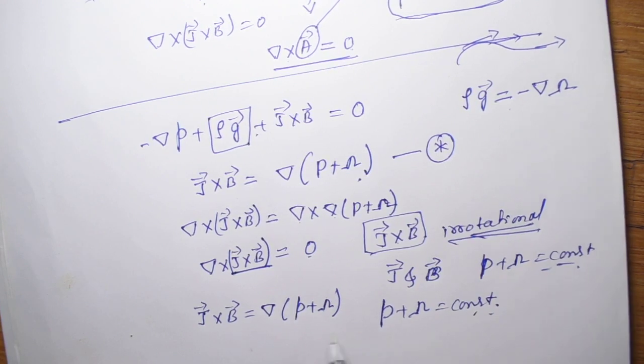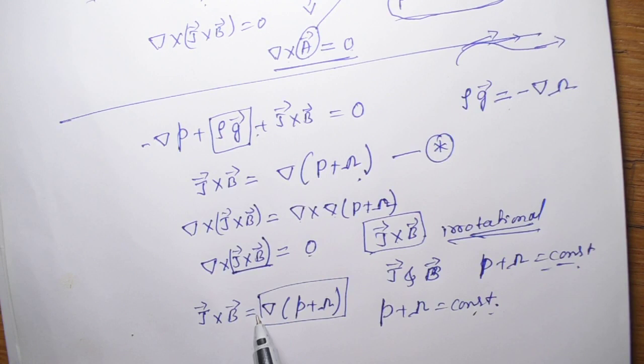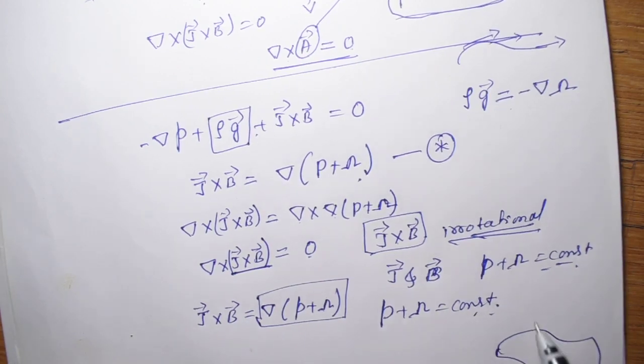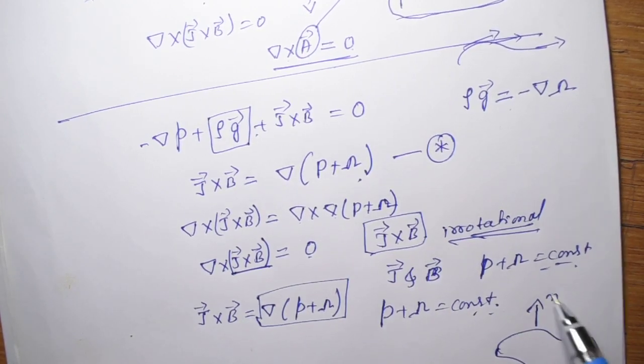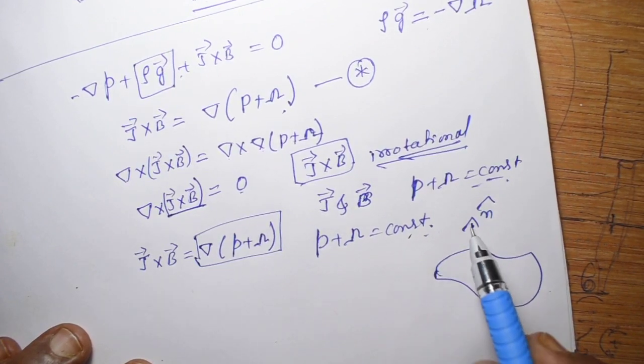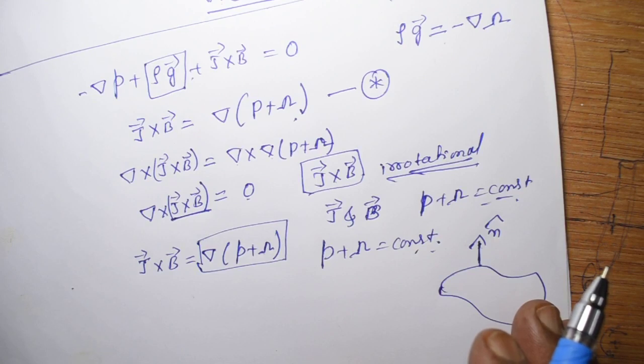We know that the gradient of P plus omega is always normal to the surface, always in the direction of the unit normal, perpendicular to the surface. A vector has three components: a normal component, a binormal component and a tangential component.